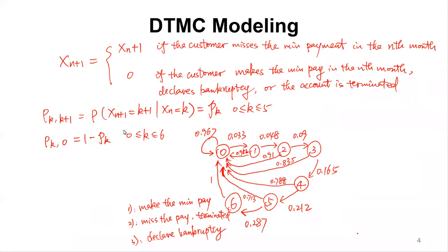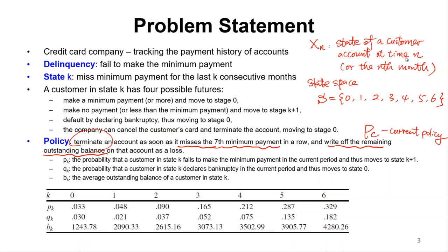Now let's develop the DTMC model. Xn is the state of a customer at time n, or the nth month. Xn can take a value like 2, which means the customer account has missed 2 consecutive months of minimum payment.